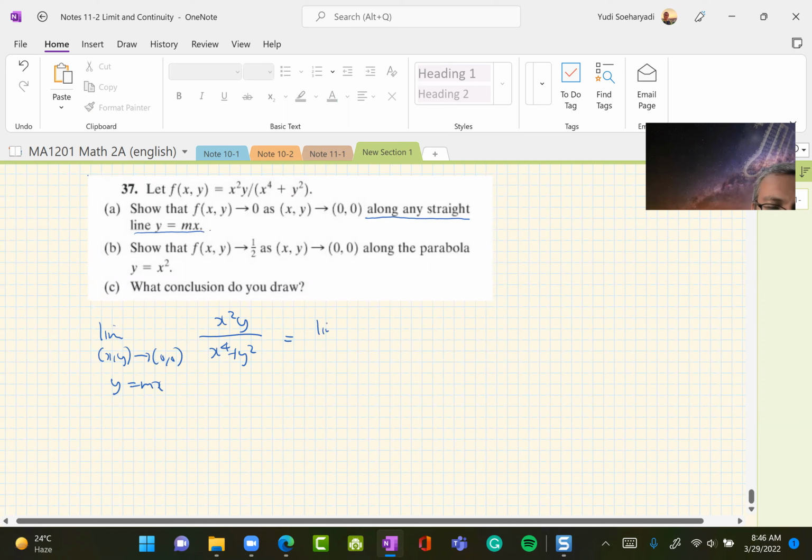Then this reduces to just one variable, so x squared times mx.